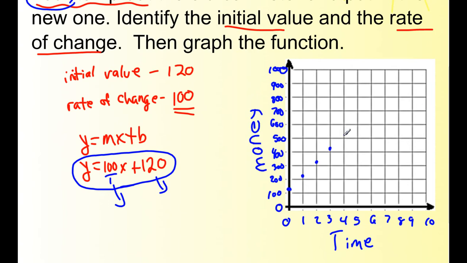Up 100 over 1, again and again. And I'm out of space. So the function would look something like, can I make linear? Close. That's roughly linear. So that would be my linear function because it makes a straight line.